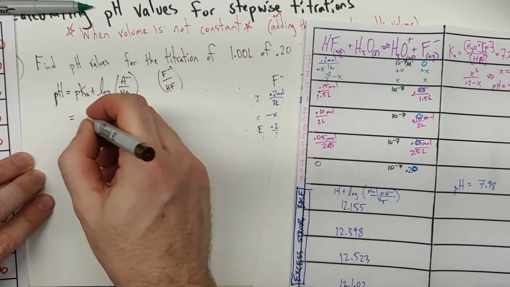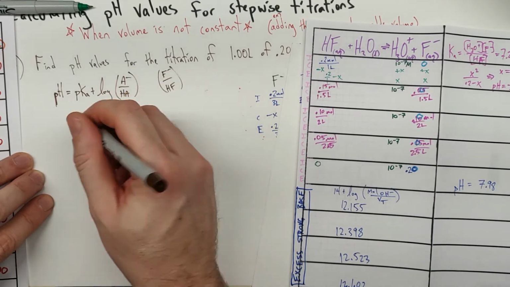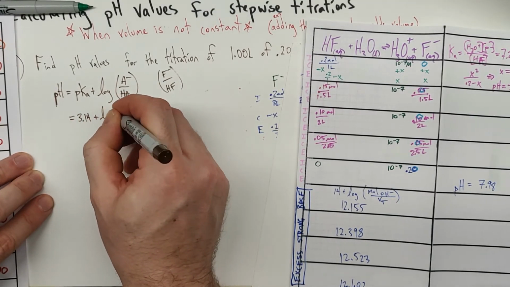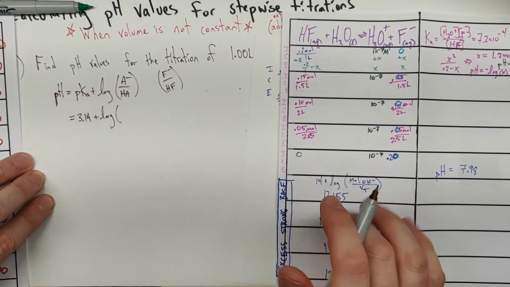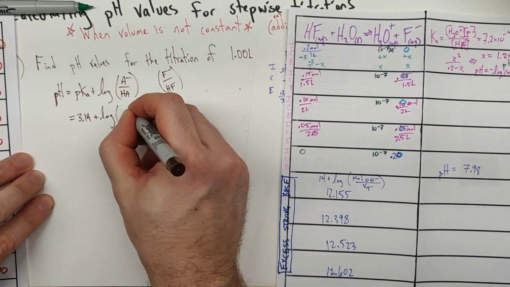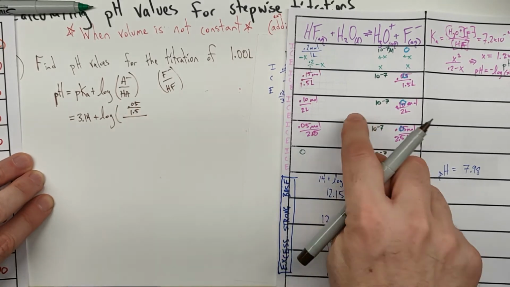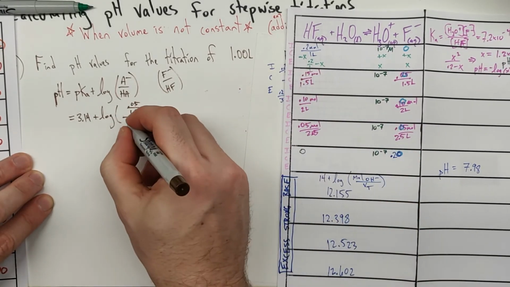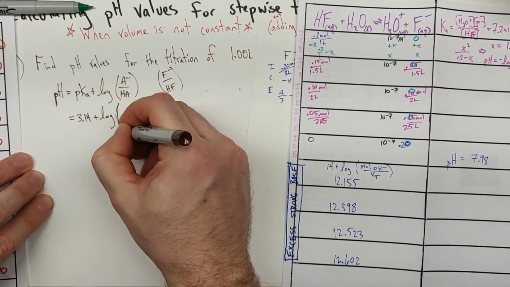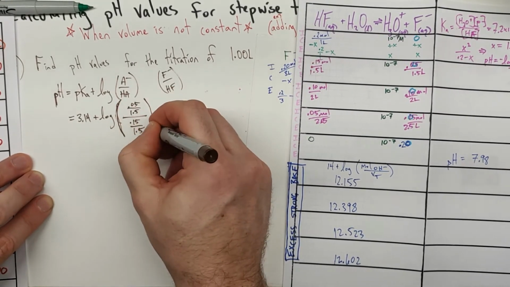For HF, our pKa, the negative log of Ka, ended up 3.14, plus the log. And if I plug in the numbers I have here, like 0.05 over 1.5, over 0.15 over 1.5, the volumes cancel out.